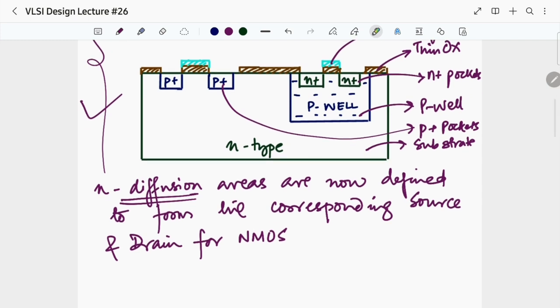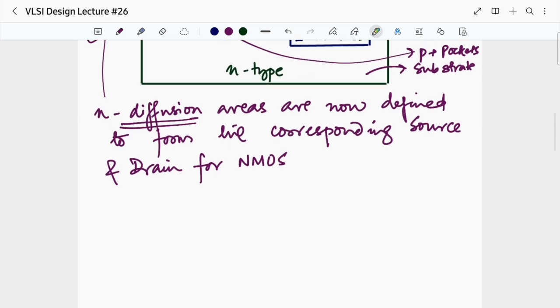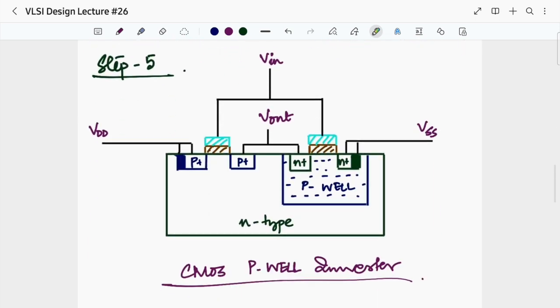We only have 5 steps in P-Well Fabrication Process. So till step 4 we have got the rough structure. Now step 5 is going to be our final structure. Alright. Now let us move into step 5.